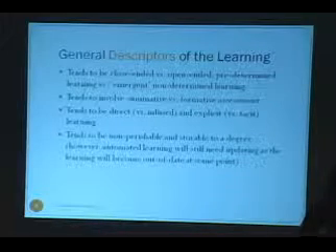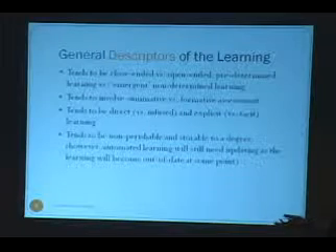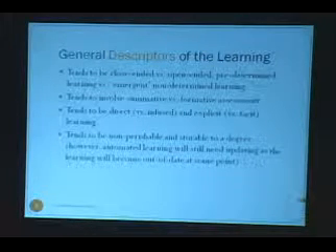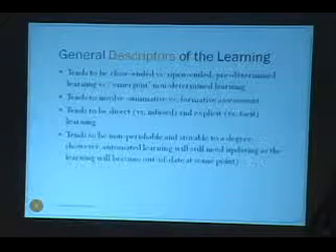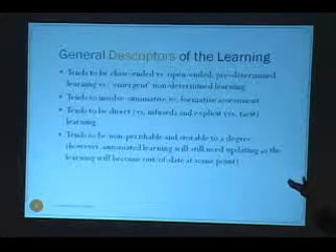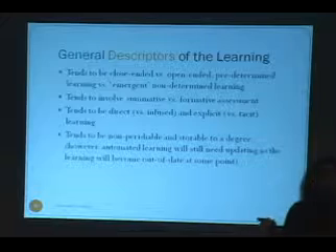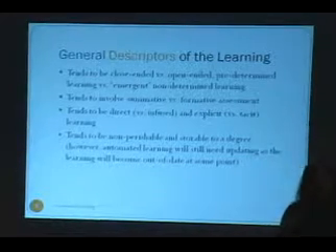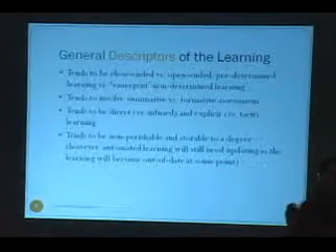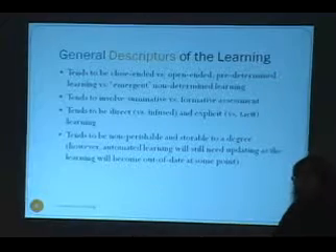So when we talk about automated learning, what does it tend to look like? It tends to be closed-ended versus open-ended. This means the learning is predetermined. You decide at the beginning what learning will happen, and it's not really emergent. For those of you who are instructors, if you are a very flexible teacher and you have a great learning moment, you will follow that learning and change the direction of your class.